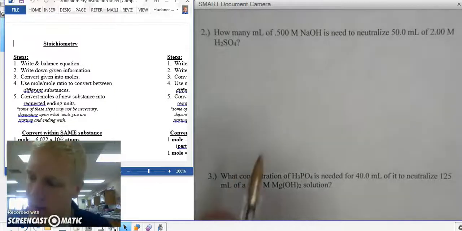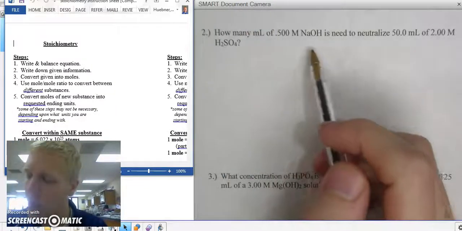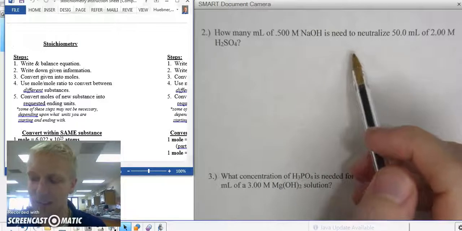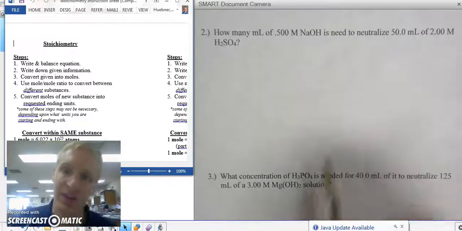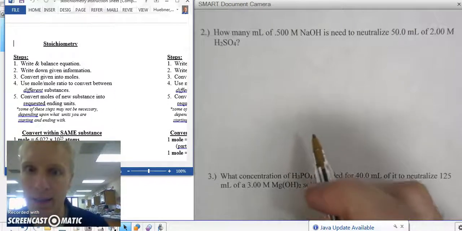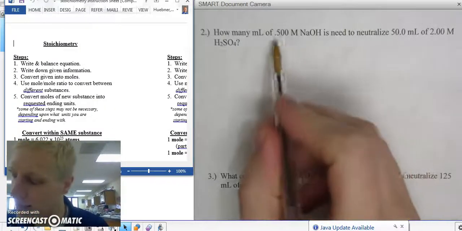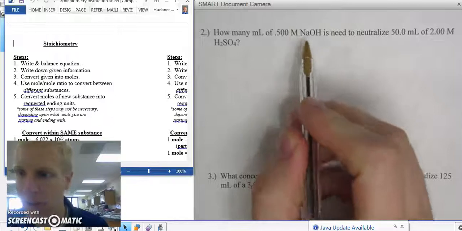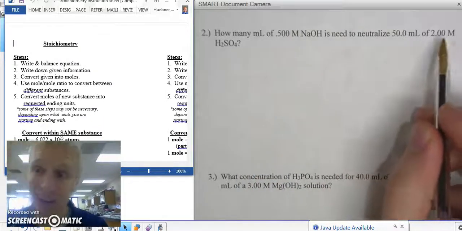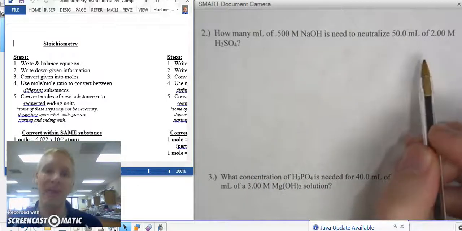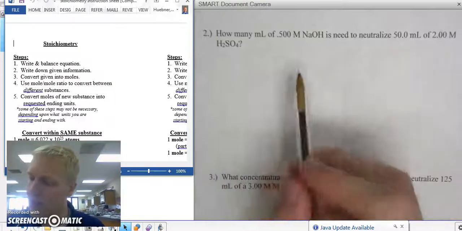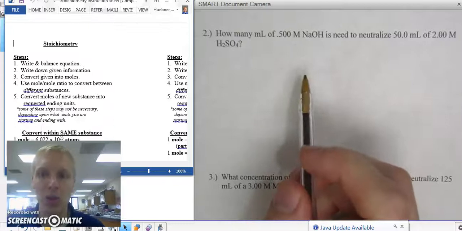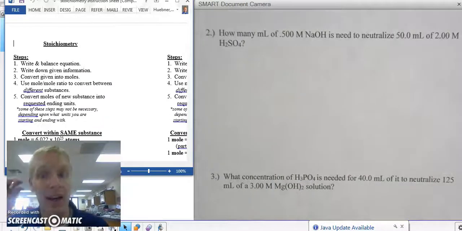It says how many mils of 0.5 molar NaOH is needed to neutralize 50 milliliters of 2.00 molar H2SO4. So they give me the molarity of NaOH, they give me the volume and molarity of H2SO4. Which substance, H2SO4 or the NaOH, could I use the molarity equation to find moles?